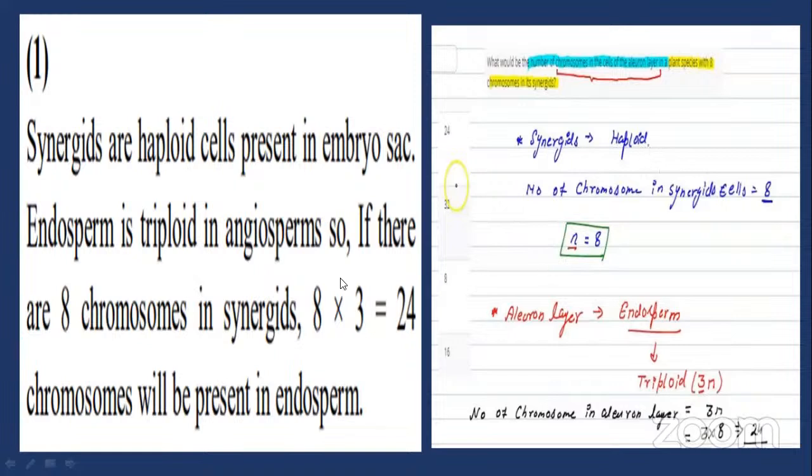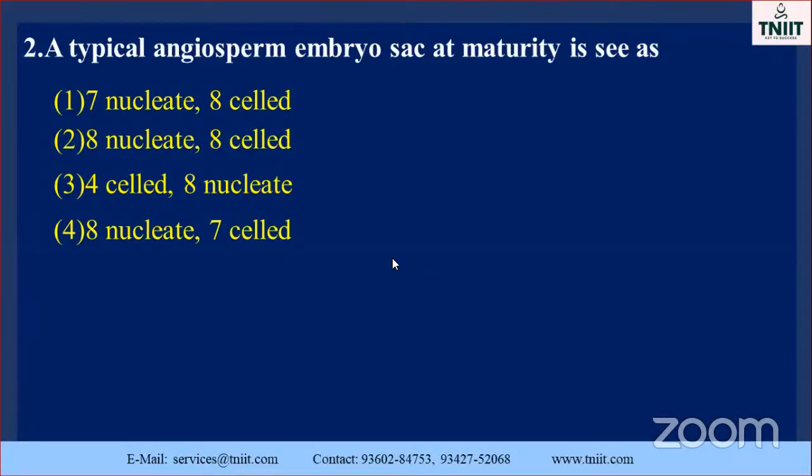Synergid is equal to haploid, n. The number of chromosomes in the synergid cell is 8, already mentioned in the question paper. So haploid is equal to 8, and the endosperm is triploid in nature, so how much is it? 24. Okay, so clear now. Go to the next one.